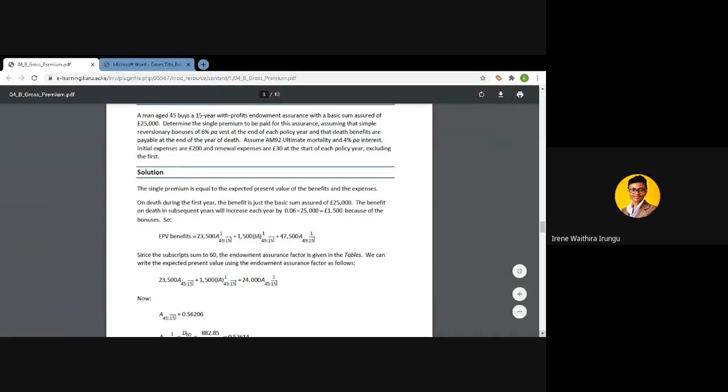Determine the single premium, so the premium is only payable once, to be paid for this assurance, assuming simple reversionary bonuses of 6% per annum vest at the end of each policy year, and that death benefits are payable at the end of the year of death.